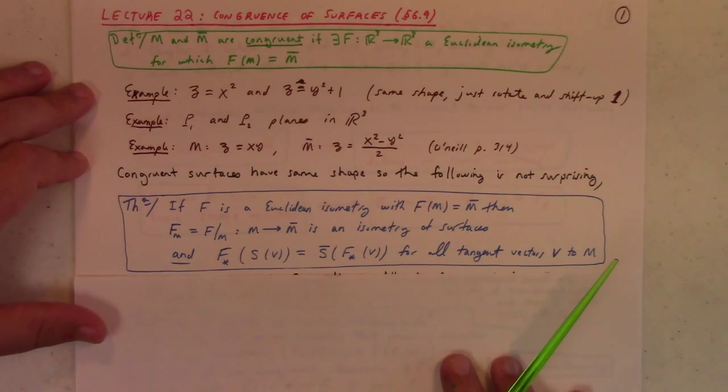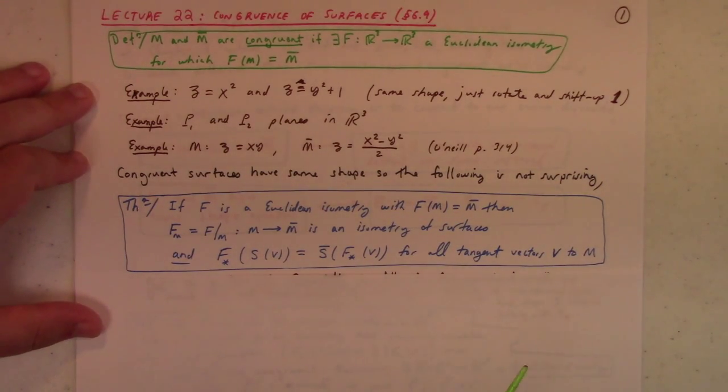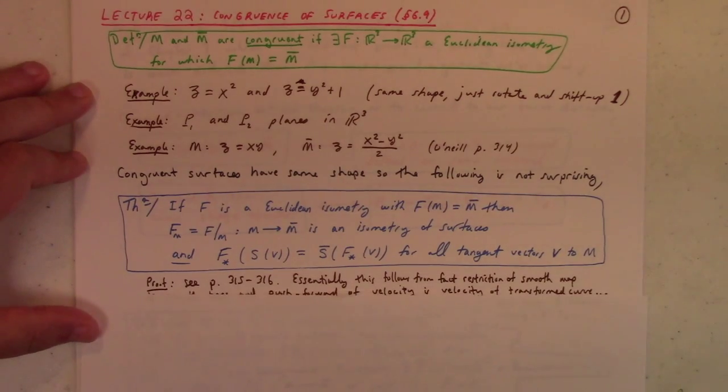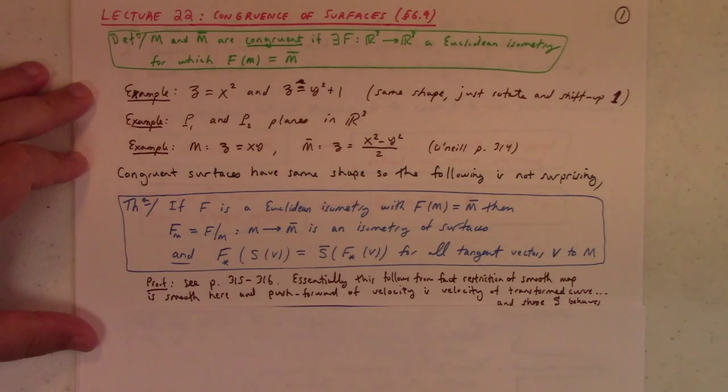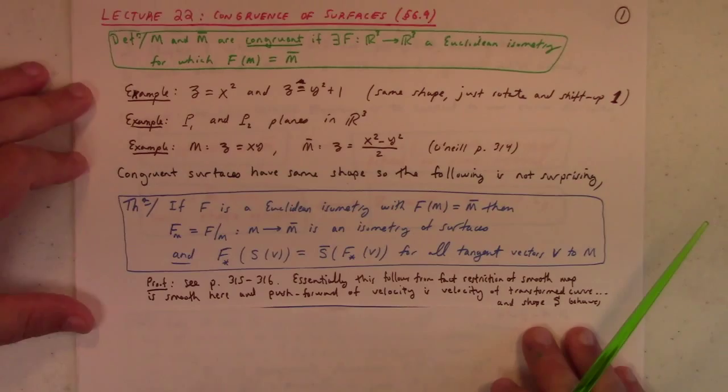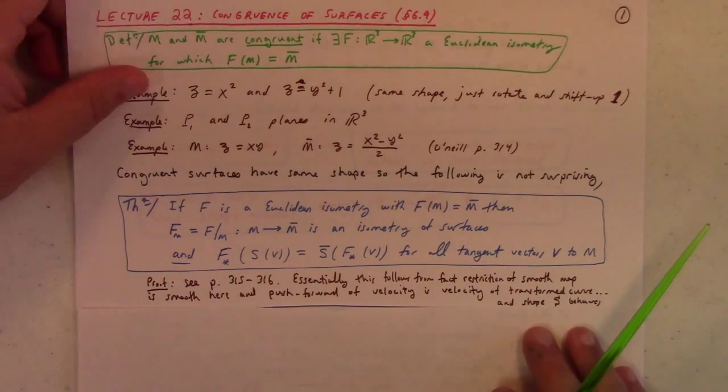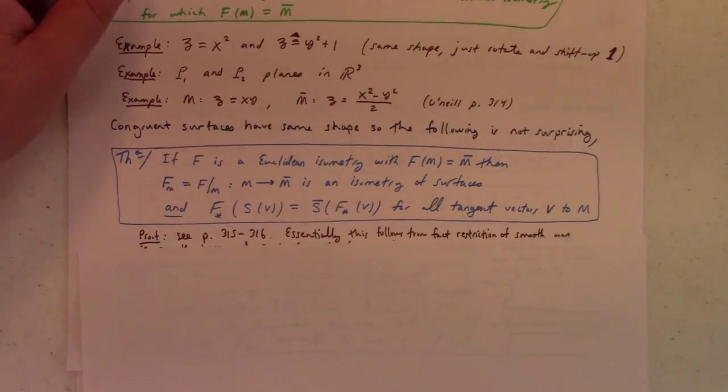So the push forward and the shape operators sort of commute in this sense. The proof is given on pages 315 to 316 of O'Neill. It essentially follows from some simple facts about restrictions of smooth maps and push forwards of velocities being velocities, and some particulars about how we define the shape operator. It's interesting, it's great, but I'm going to move on, so you can read that proof there.